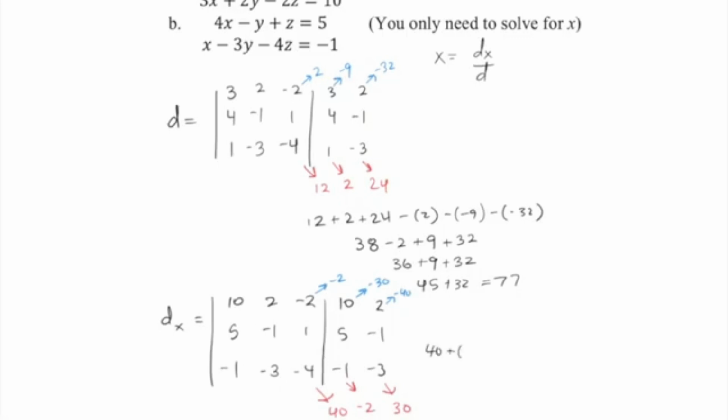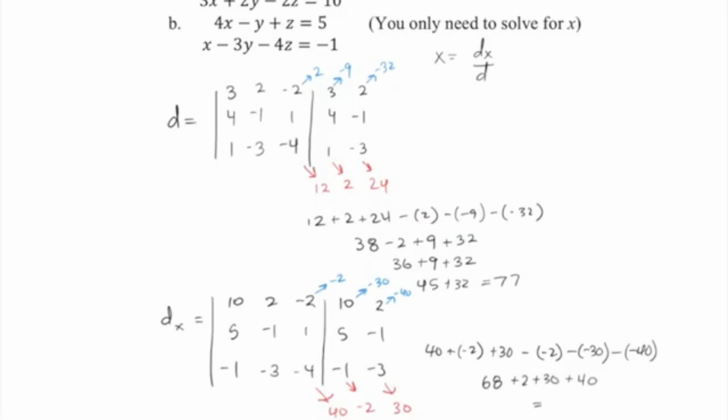And we have 40 plus -2 plus 30 minus -2 minus -30 minus -40. So 40 plus -2 is 38. 38 plus 30 is 68. Plus 2 plus 30 plus 40. So that's 70 plus 30, it's 100.